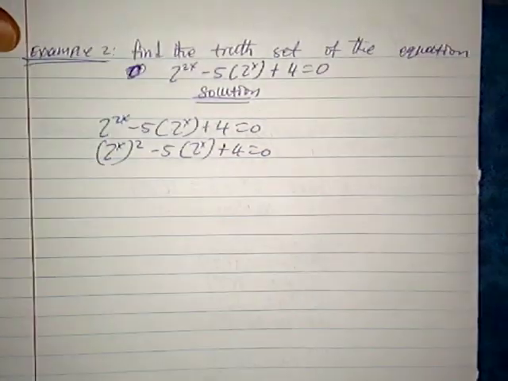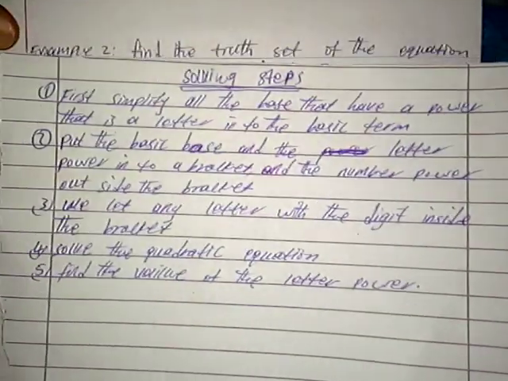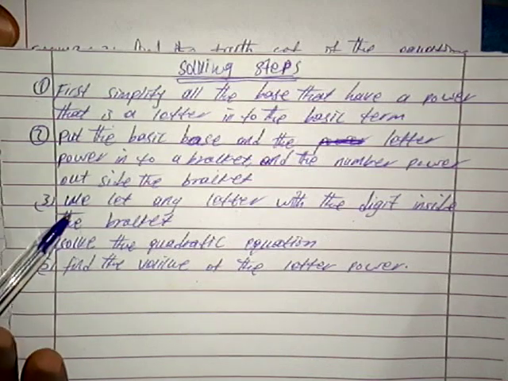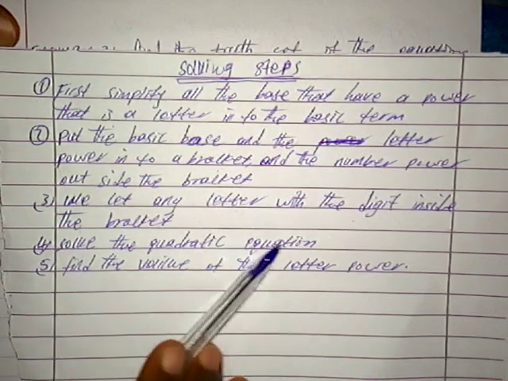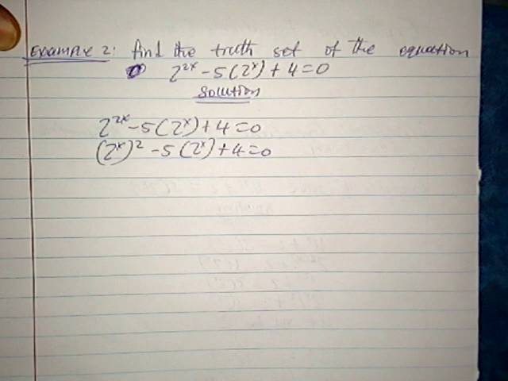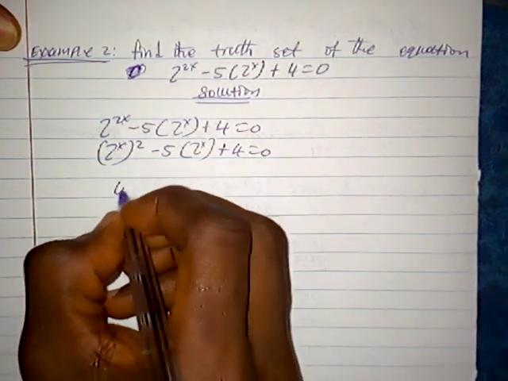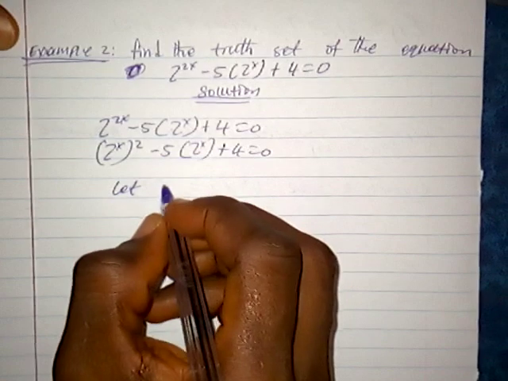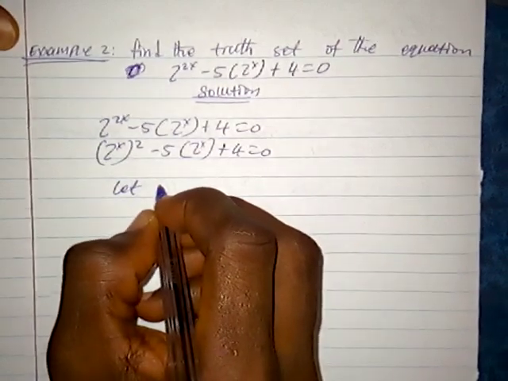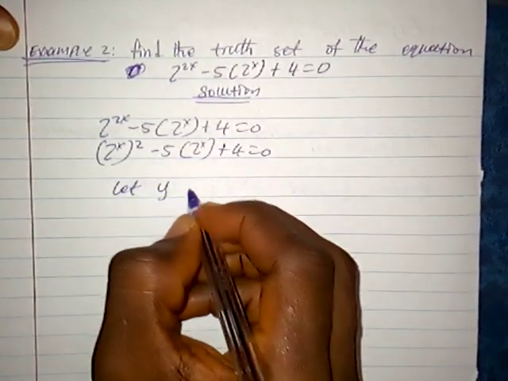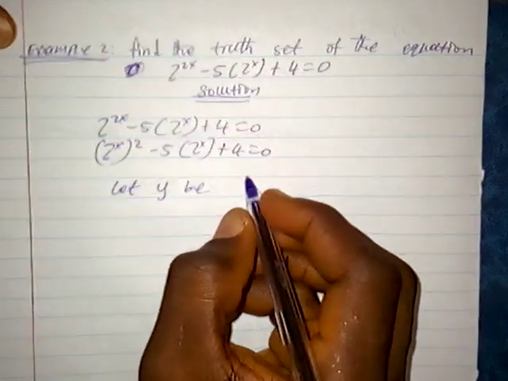Now what next? The other step says, we let any letter with the digit inside the bracket stand for it. So now let's use y.